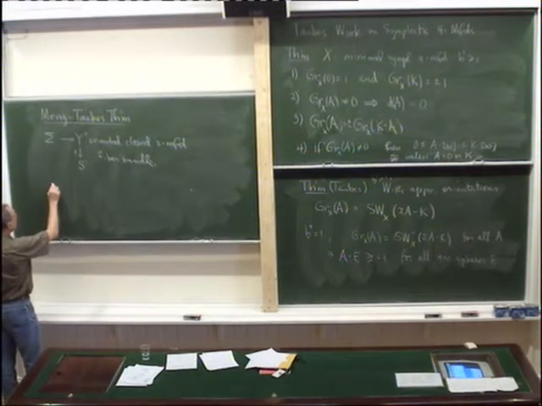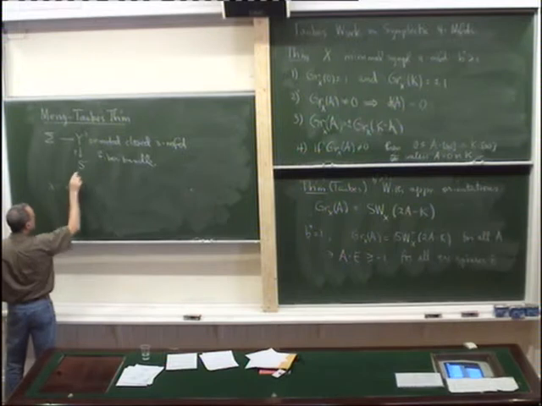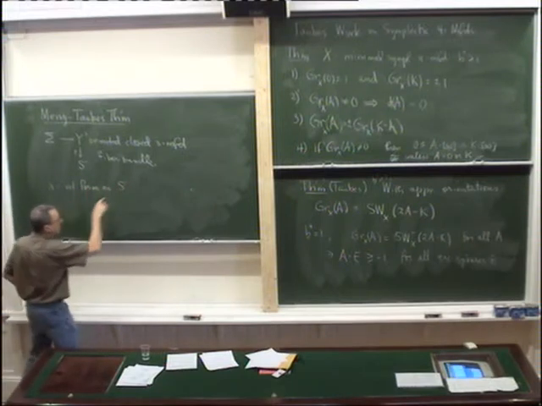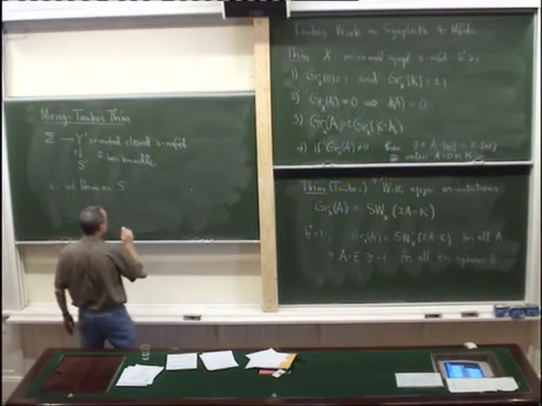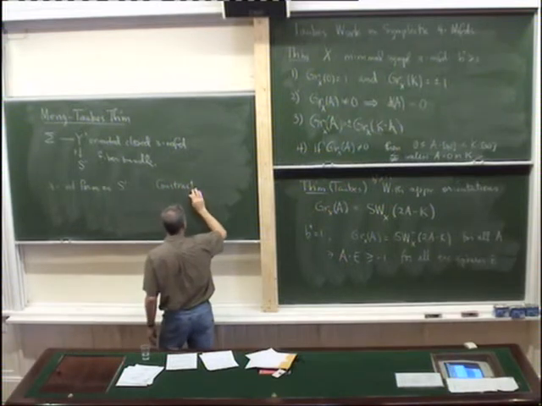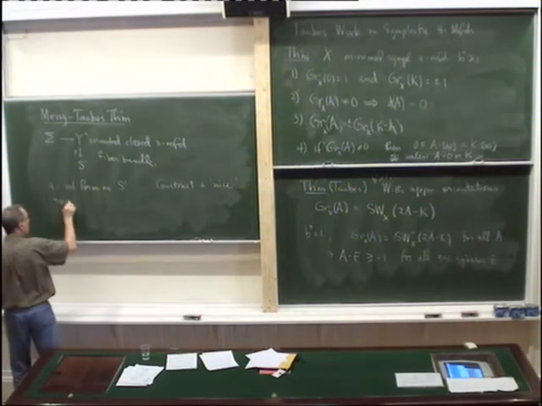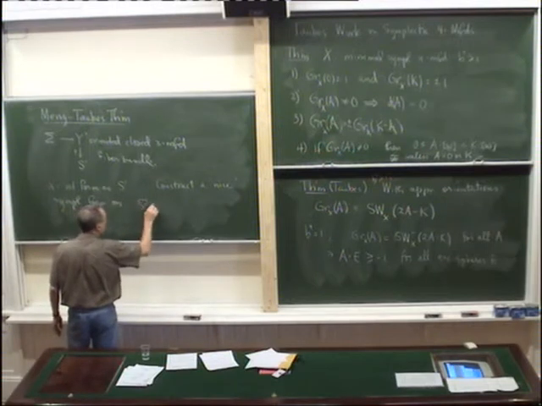Let lambda be the volume form on the circle, on the base. What I want to do is construct a symplectic form on S1 cross Y.